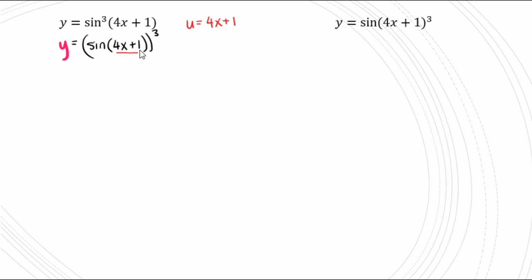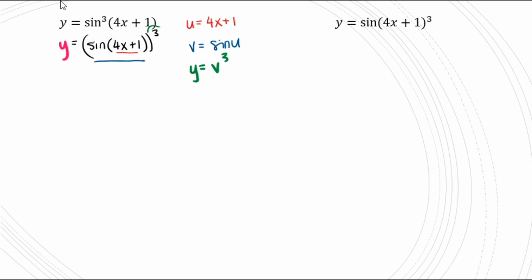What's the next level of this onion we've got going? Well, it's going to be the sine function. So, whatever, I like the u's and v's, we're going to call it, the v is the sine of u. And we're going to have another one, and I can use y because it was y. I'm going to say y is v cubed.